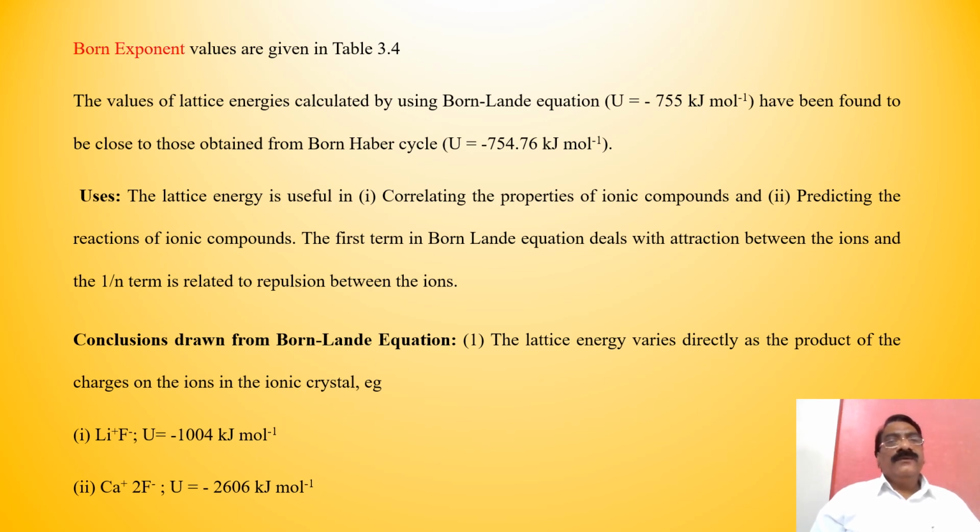Born exponent values are given here. The values of lattice energies calculated by using the Born-Lande equation, U equal to minus 755 kilojoule per mole, have been found to be very close to those obtained from the Born-Haber cycle for NaCl.